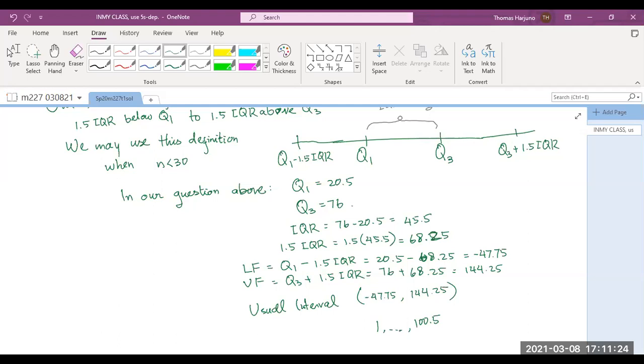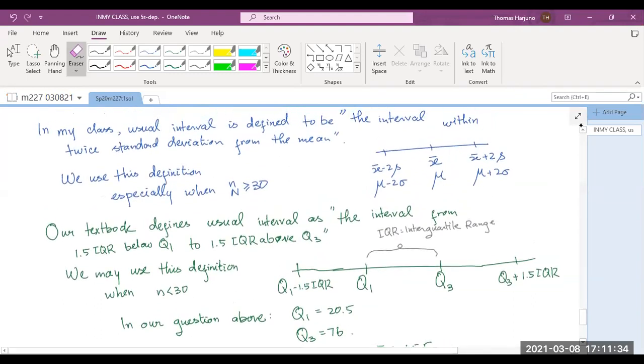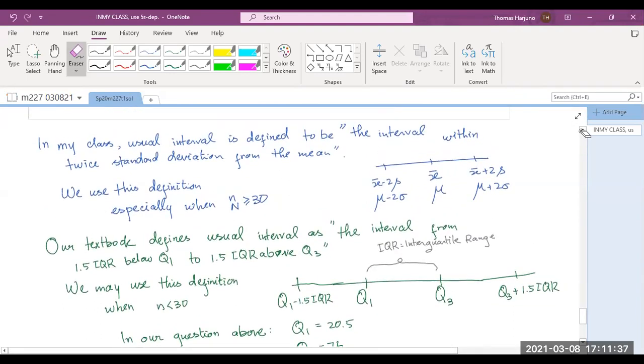Now, why is it that we have different definitions for usual interval? It has something to do with, is it easy to find Q1 and Q3 if you have a large data set? Let's say you have 3,000 data. When you have 3,000 data, it's actually hard to look through those and find Q1 and Q3.